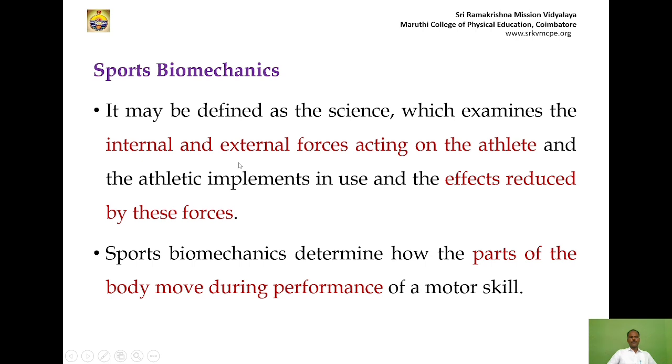Here there are internal forces and external forces. Sometimes we may create the force, sometimes an external force may come, on the athlete and the athletic implements. Sometimes we may use a javelin or discus or shot put, whatever it may be. So how are we creating the force on the athlete or the athletic implements, and what is the effect?